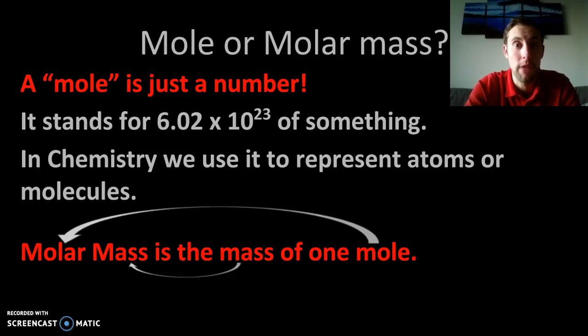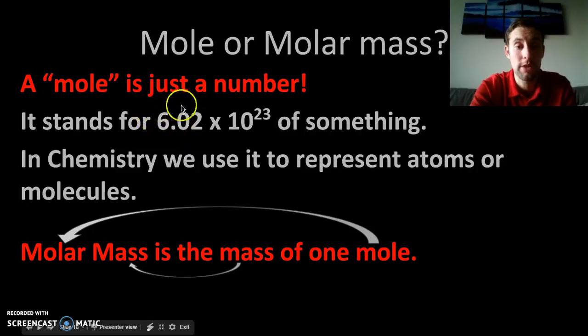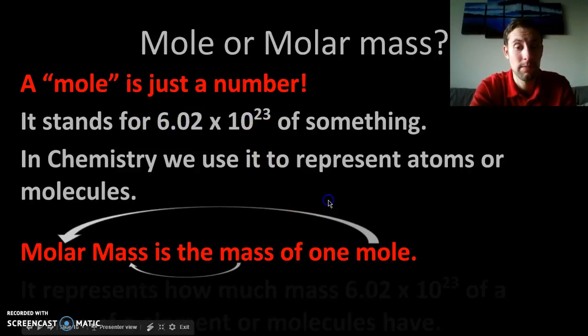You just have to have a mole of them, which would be insane because it would wrap around the world 400 trillion times, but you could. It's how much something's going to weigh or have a mass of if you have a mole of them, if you have 6.02 times 10 to the 23rd of that object.